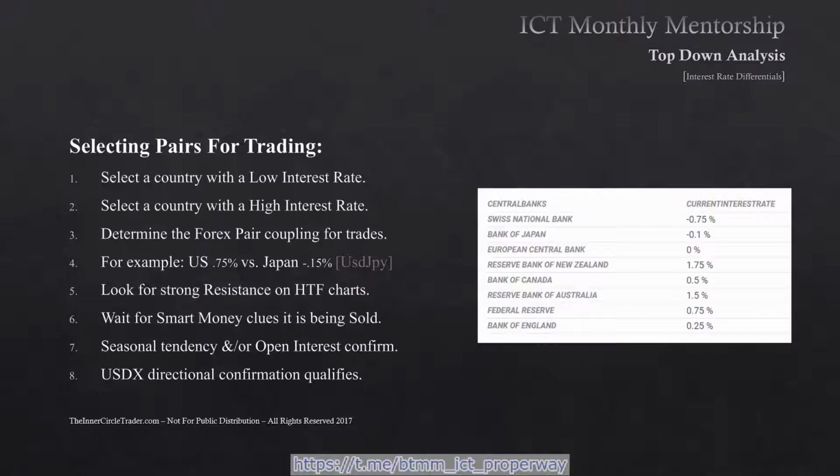So if we're expecting weaker Japanese yen because of the lower interest rate, the pair we're trading is the dollar yen. Even though we're looking for weakness in yen, we're looking for the opposite for the pair, the way it's formed. So the dollar yen pair is actually going to strengthen or go up in our charts.